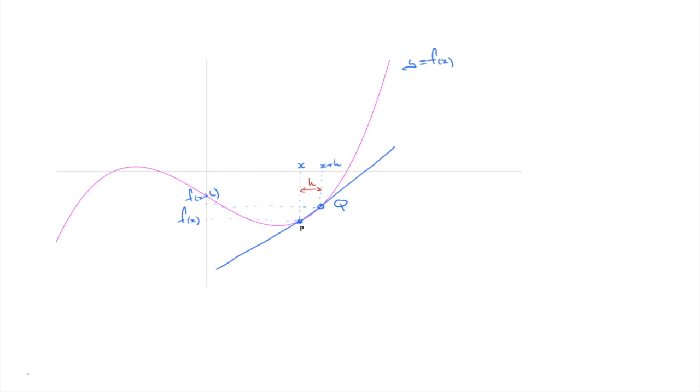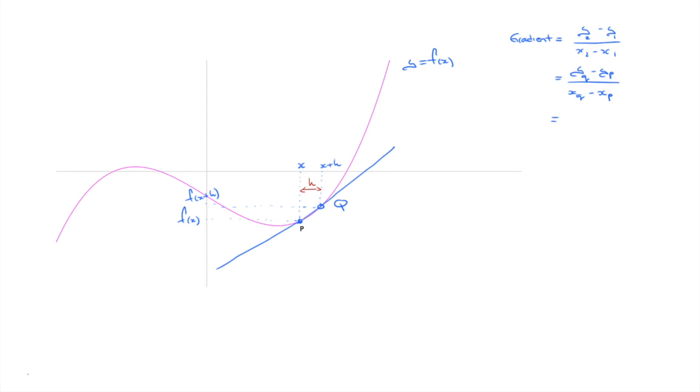Done. So the gradient, therefore, if we write it here, will equal the well-known formula, y2 minus y1 over x2 minus x1. Or in this case, given we're dealing with P and Q, we can write this as yq minus yp over xq minus xp.